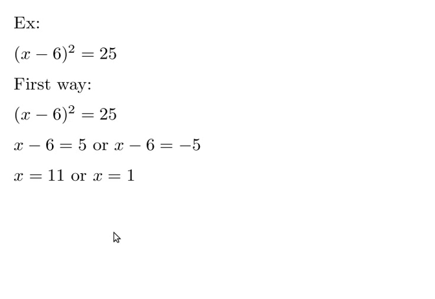Now I'm going to do it the other way, the second way. So we have x minus 6 squared equals 25, and x minus 6 equals plus or minus 5.